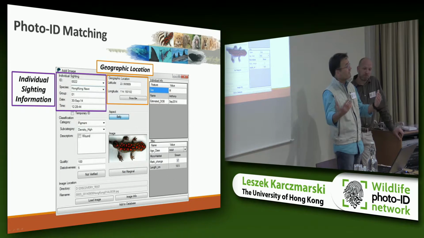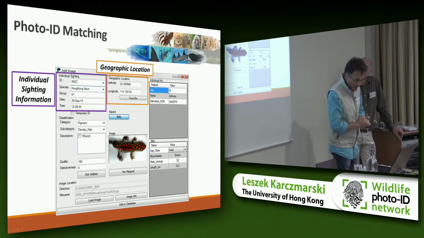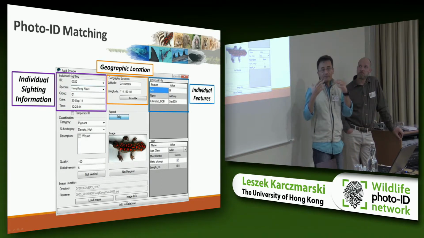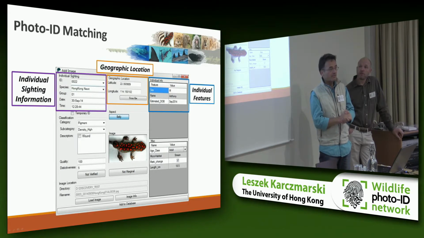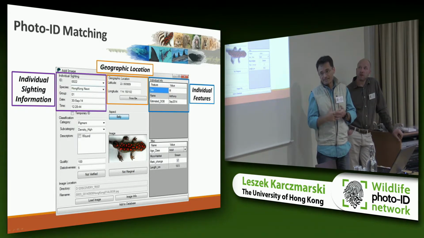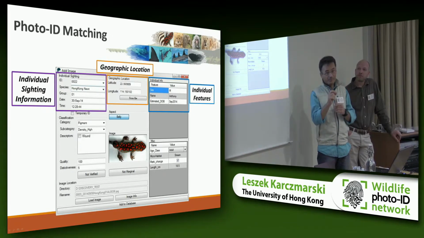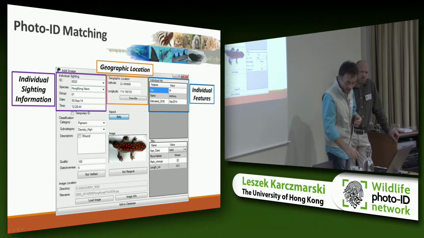Your locations can be imported from the file or entered manually. Individual features are those that never change through the lifetime of the individuals. Obviously, sex generally doesn't. Date of birth doesn't. The age might change, but the date of birth will remain the same if you can estimate it. So that will be included there.